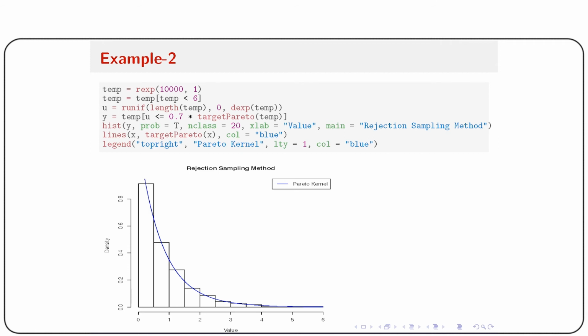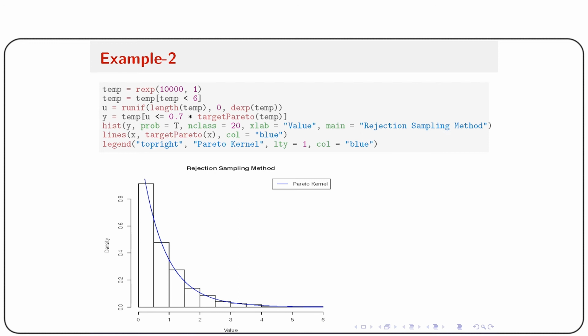Then u equals uniform, of length temp, 0 to dexp(temp), up to 6 or whatever it is. So y equals temp where u is less than or equal to 0.7 times target Pareto(temp), and then that y will give the random variates. We can draw the histogram again, with probability equals true.